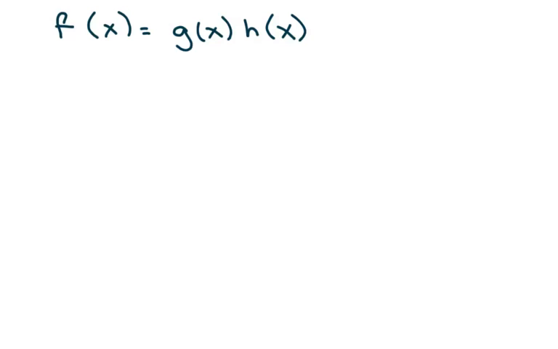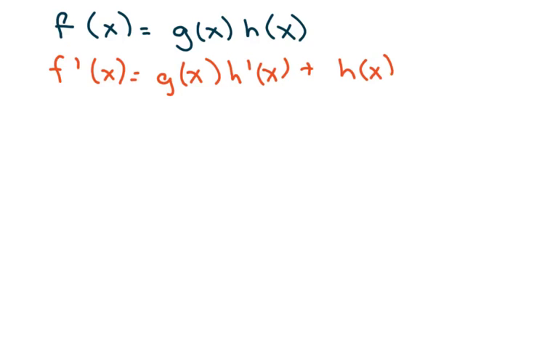And the next one, the last one we're going to use, is the product rule. So let's just write that out. It's going to be g of x times the derivative of h of x plus h of x times the derivative of g of x.